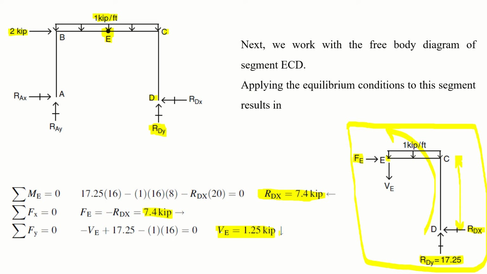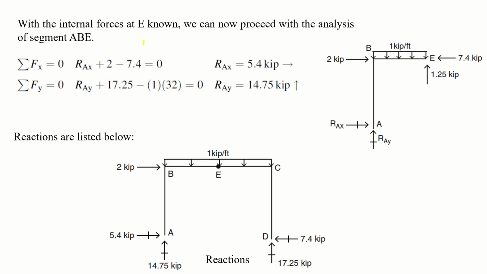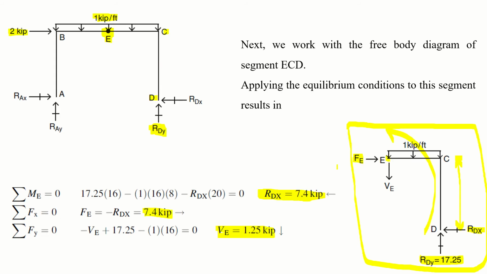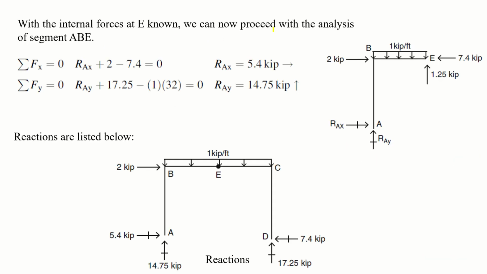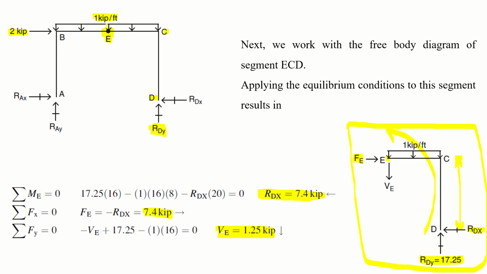Now with the internal forces at E known, as we have determined the axial force and shear force at E, and bending moment is 0 at E, we can now proceed with the analysis of segment ABE. First we did the analysis of this segment, and now we will move to the analysis of this segment.